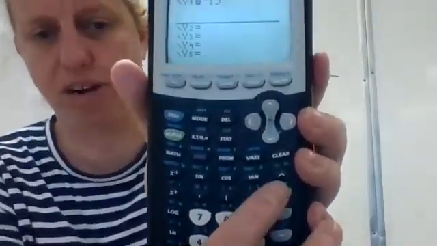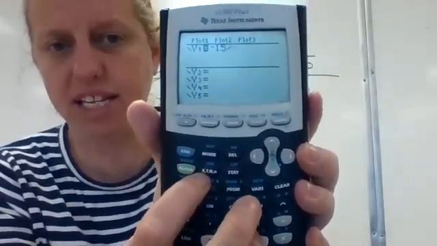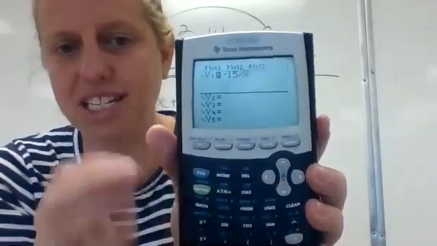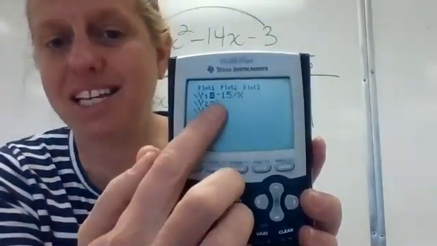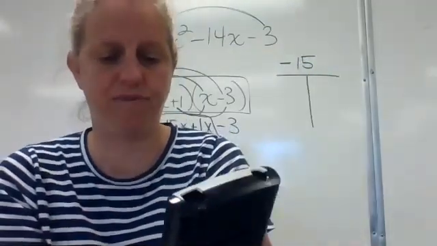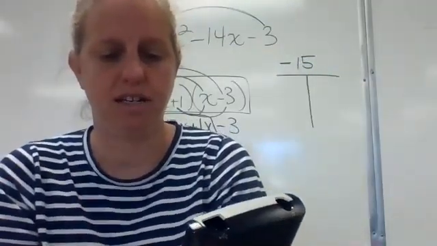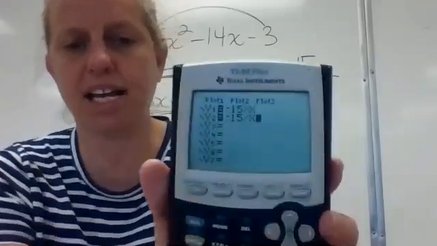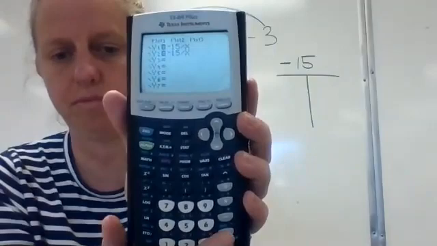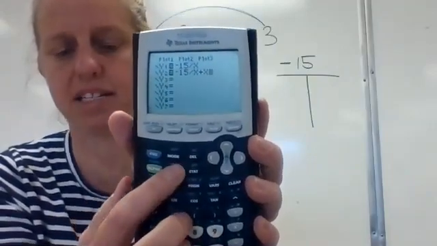Then remember how we did it? We did divided by, and then we'd hit this X button. Then we went down to the second Y equals and typed in the same exact thing right here. So -15 divided by X again, but then we put a plus X there. So plus X.